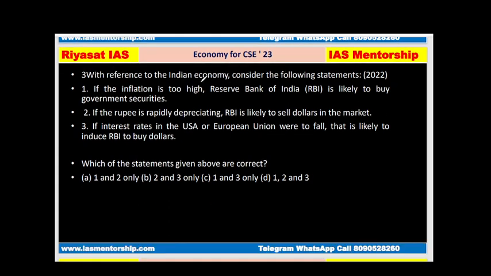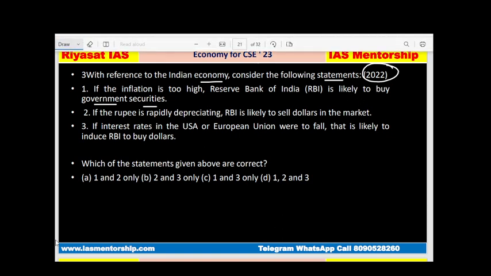With reference to the Indian economy, consider the following statements, 2022. If the inflation is too high, RBI is likely to buy government securities. Okay. अगर inflation बहुत है तो what RBI will do? It will buy government securities. If the rupee is rapidly depreciating, RBI is likely to sell the dollars in the market.